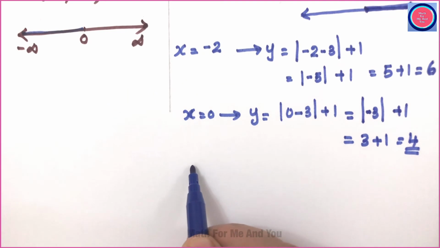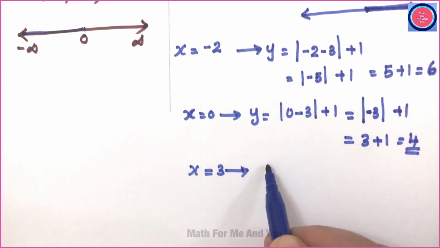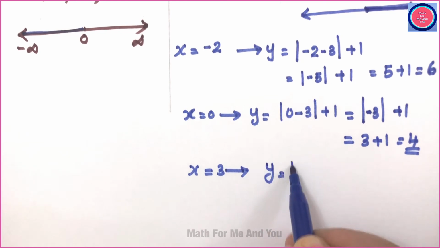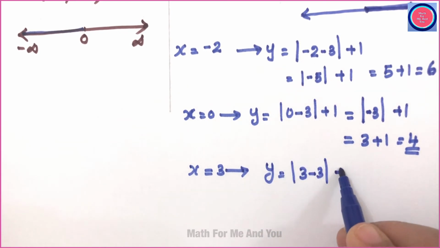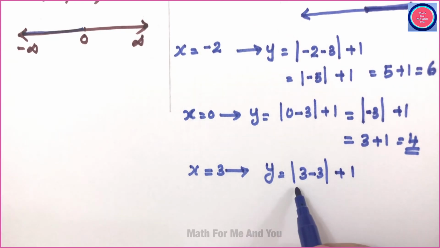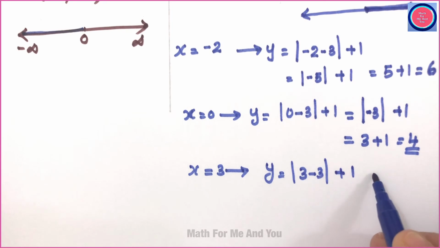What about when y equals 0 inside the modulus? If we put x equals 3, we get 0 inside the modulus. See here, absolute value of 3 minus 3. But there is plus 1 outside, so we get the final answer 0 plus 1, which is 1.